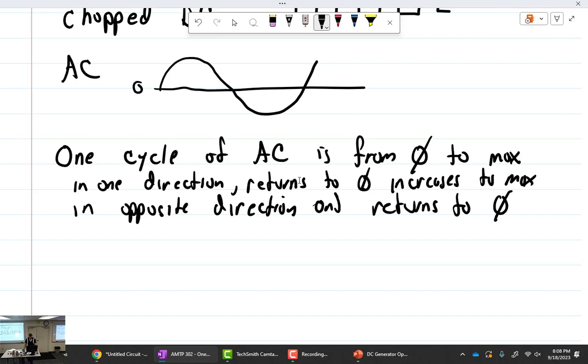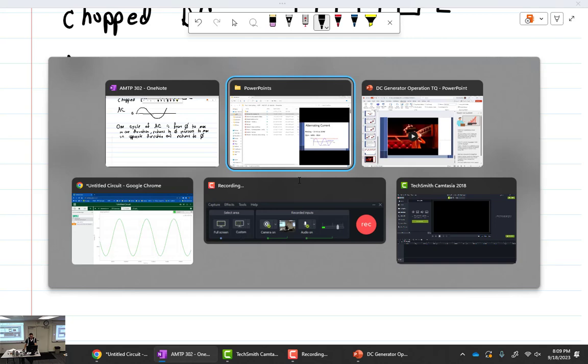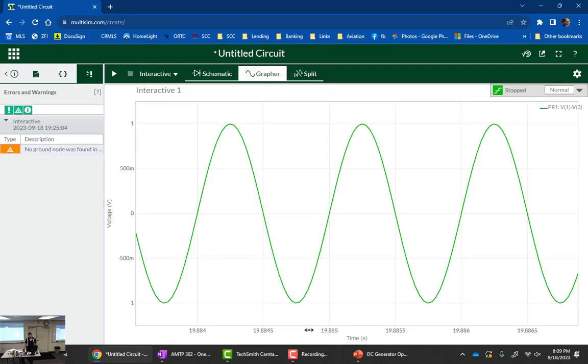Well, that's one way of saying it. Another way of looking at it is this waveform. What is one cycle? I said it was from 0 to a maximum, back to 0, and then around to 0.